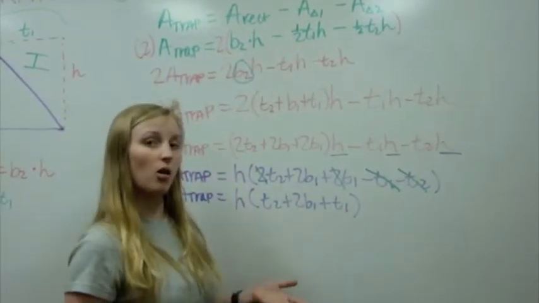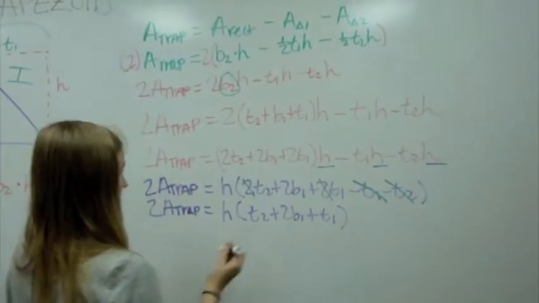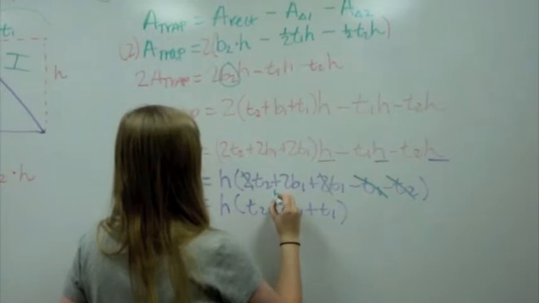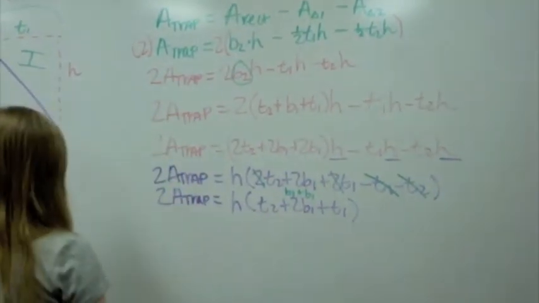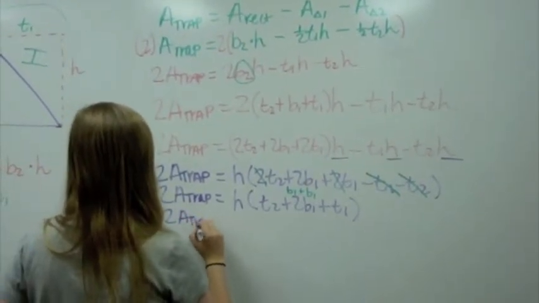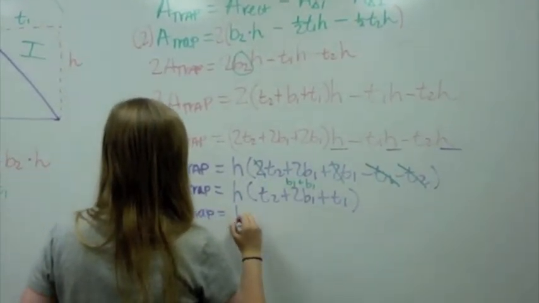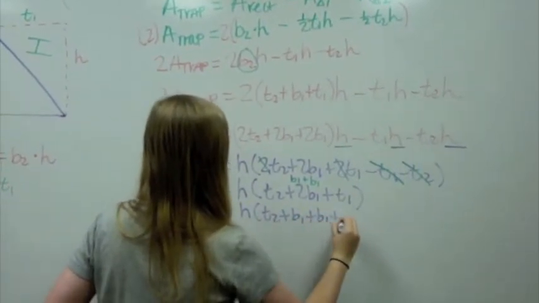Now, since we have 2 B1s, we can separate that out into B1 plus B1. So let's go ahead and write that out. So we have 2 times the area of the trapezoid equals H times T2 plus B1 plus B1 plus T1.